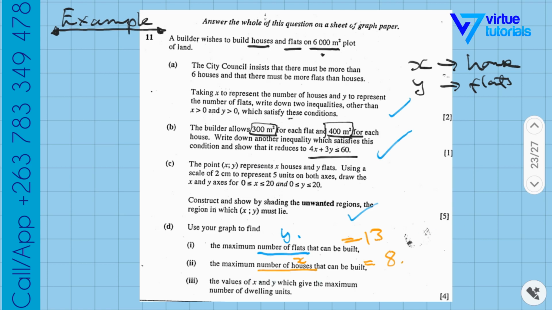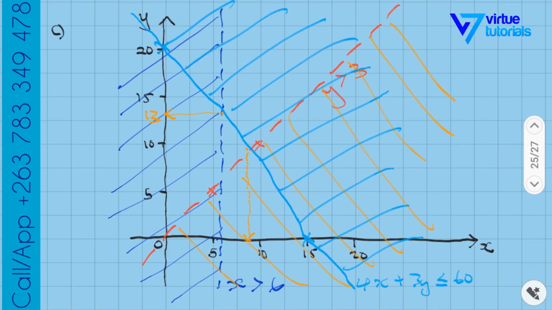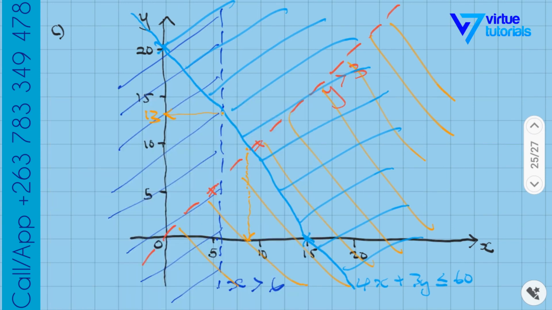The values of x and y, which give the maximum number of dwelling units, right? So again, you look at the corners like what we did the first time, right? You're going to look at the corners of that region, and I'm going to highlight those corners. Maybe let me use yellow. So probably you're going to have this, and then look at somewhere there, and then look at somewhere there. So this first part here gives you maybe 6, 13.